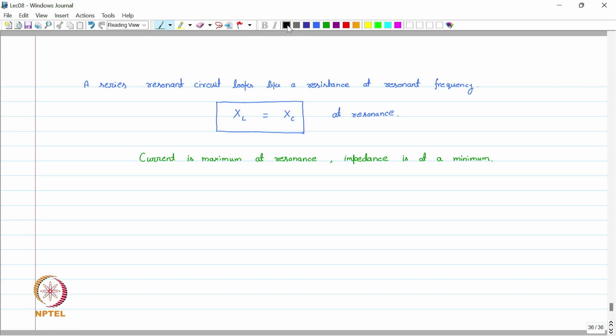If we plot the graph of current versus frequency, it will look something like this. This is the frequency axis on X. Let's say, for example, this is 100 Hertz and this is 1 kilohertz. On the Y axis we have current, which is in milliamp.